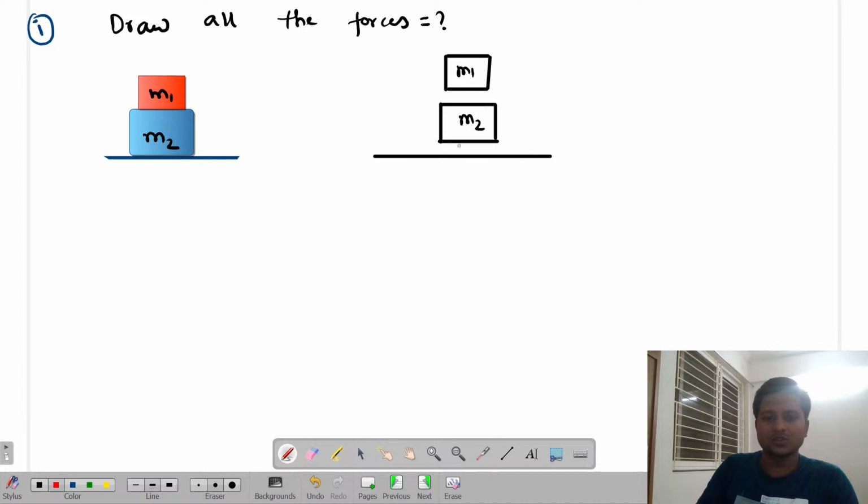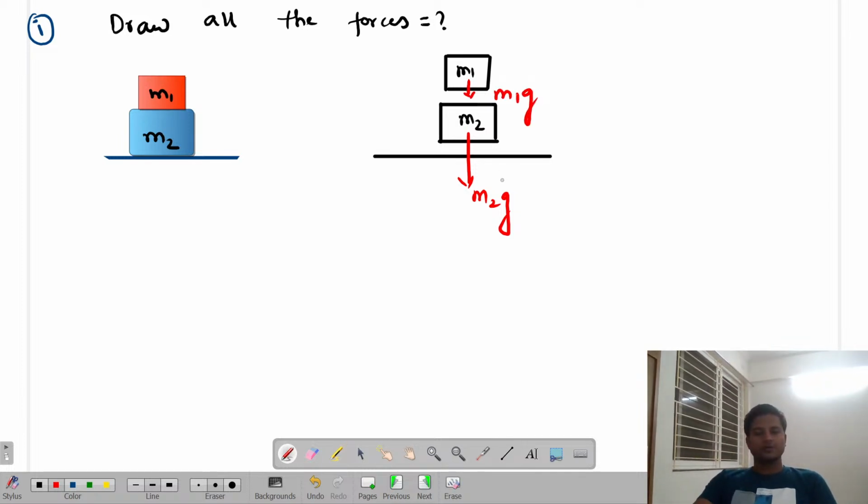Now draw the gravitational forces. M2g will act over here, and from here, m1g. Are you able to get me or not? Now start from the topmost position. Due to m1g there will be a reaction on m1.